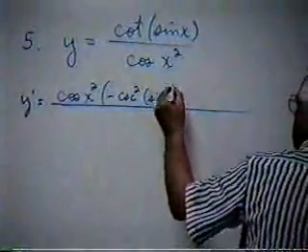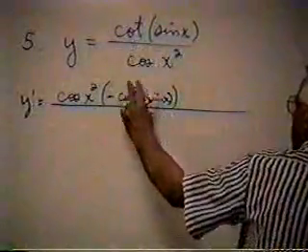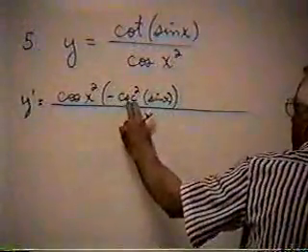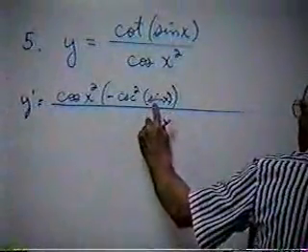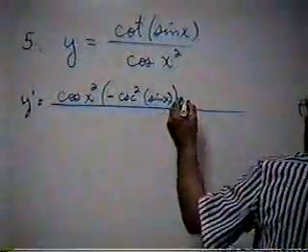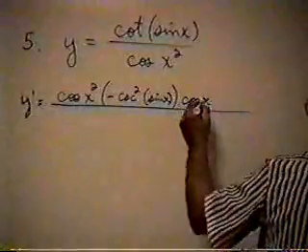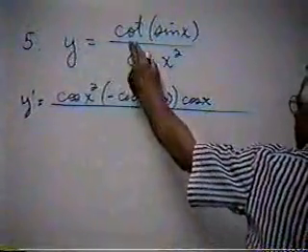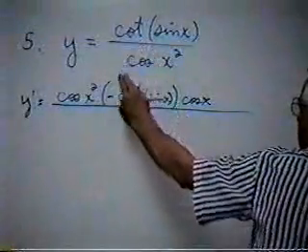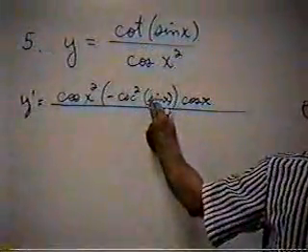Now watch. The derivative of cotangent is minus cosecant squared. Then we take the derivative of the angle, which happens to be the cosine of x.